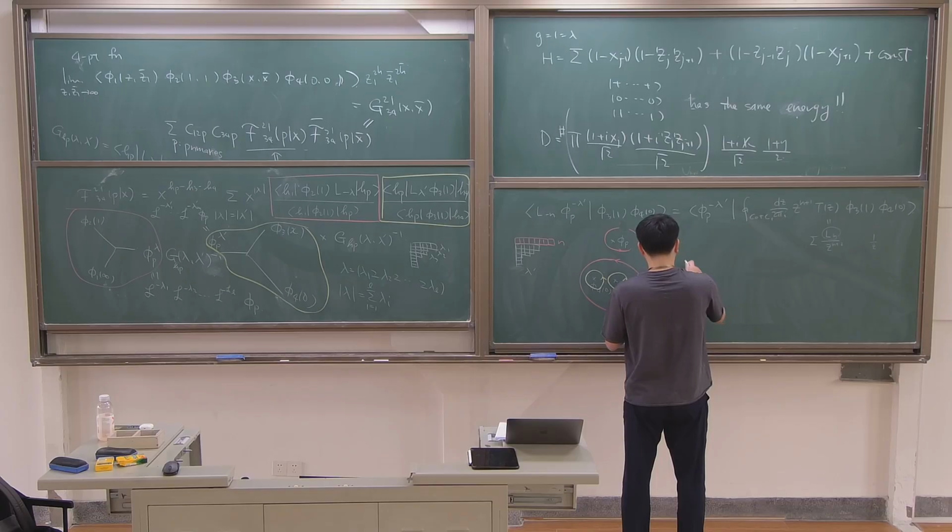Then what you get is the integral of C0 dz over 2 pi i.